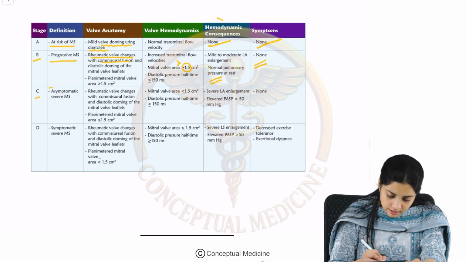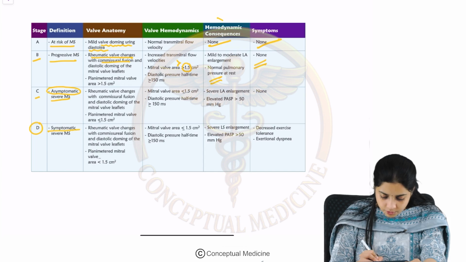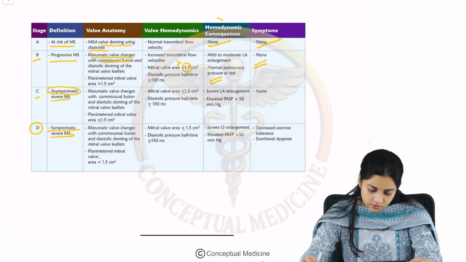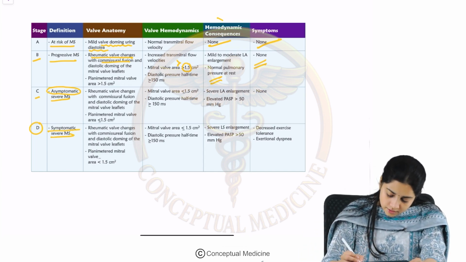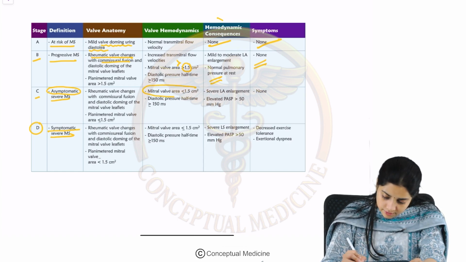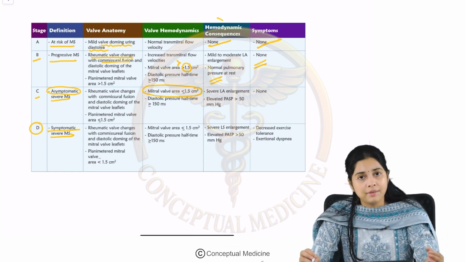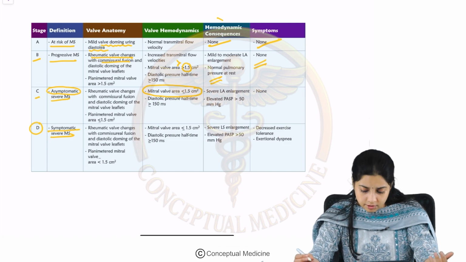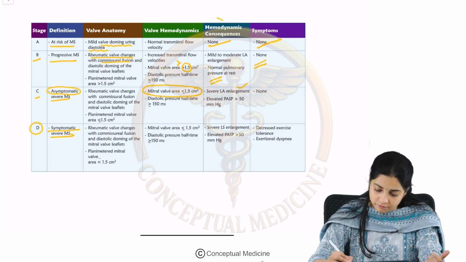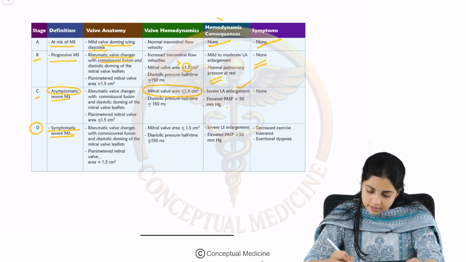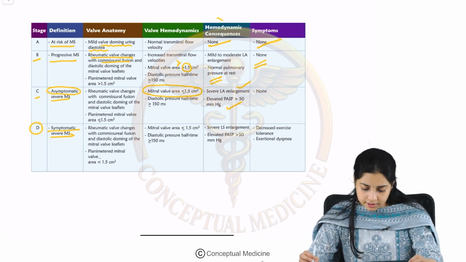Stage C is asymptomatic severe MS and stage D is symptomatic severe MS. So, stage C is when they have asymptomatic severe MS. On the echo, the mitral valve area is less than 1.5 centimeters square. They have severe left atrial enlargement and severe pulmonary hypertension.